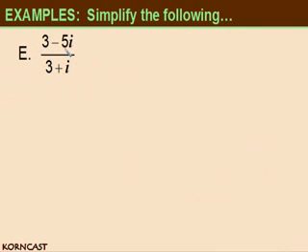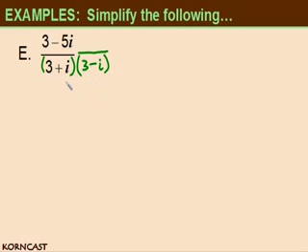So I want to divide a complex number by another complex number. And again, I can't have a complex number in my denominator because it's not in complex number form. So I must remove the imaginary part of this number by multiplying the denominator by the conjugate of 3 plus i, which is 3 minus i.